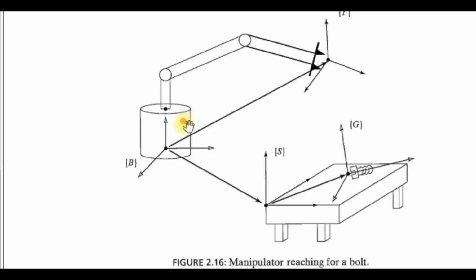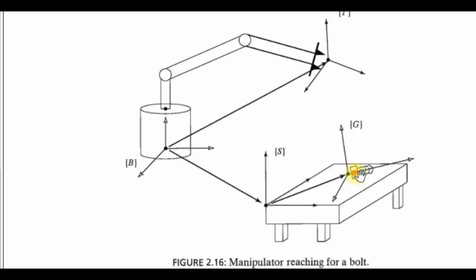Now this figure is clear to you, why we are struggling with this type of transformation. Suppose this is a robot, and this is the end effector, here the gripper, and the gripper tries to pick this object. So how does this gripper reach here?